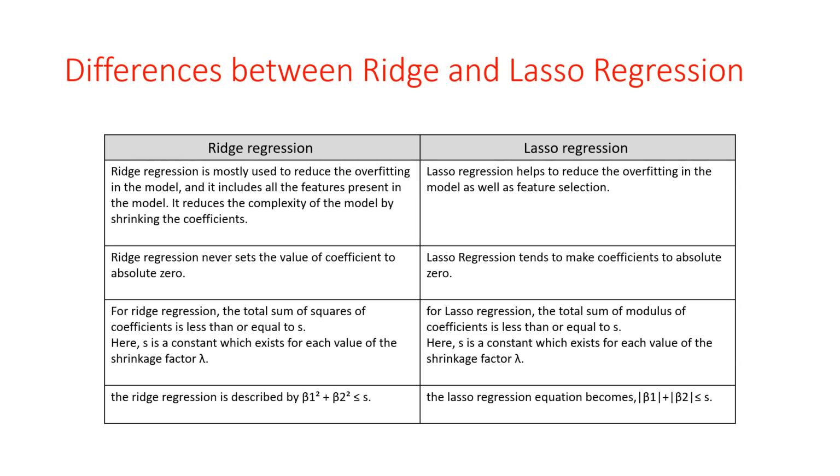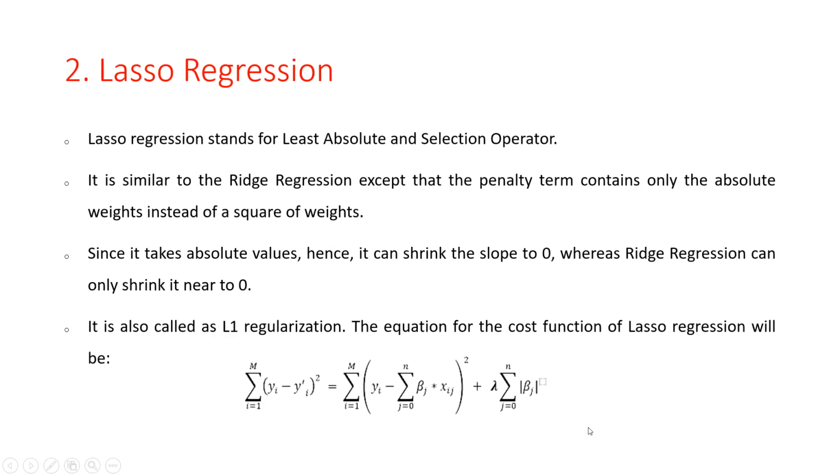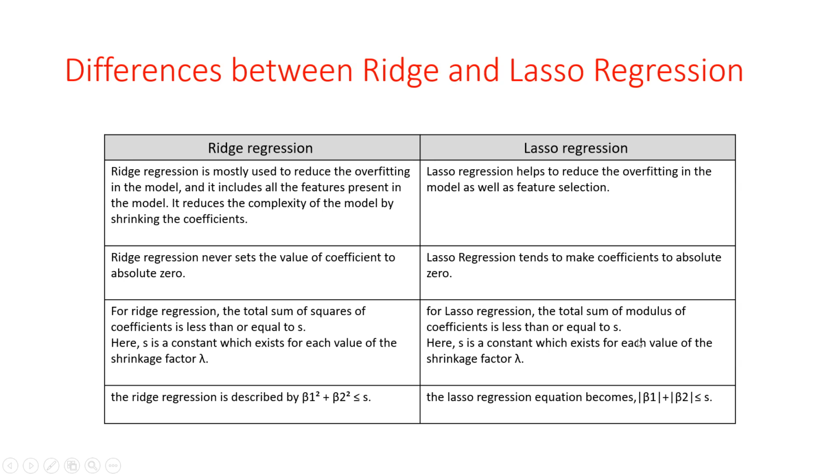And in the lasso equation, the total sum of the modulus of the coefficients is less than or equal to s. See, here it is the total sum of squares of the coefficients, and there it is the total sum of the modulus of the coefficients. So this is the difference between ridge and lasso.